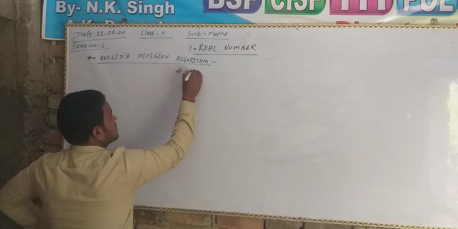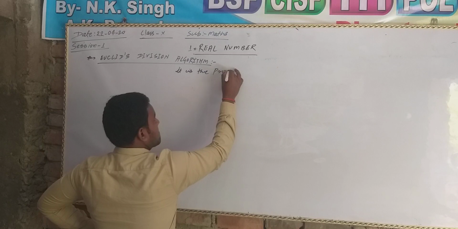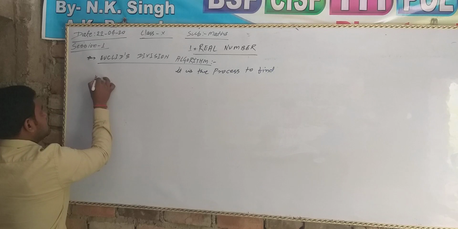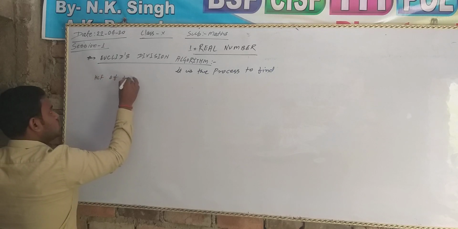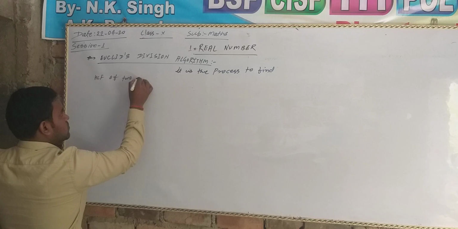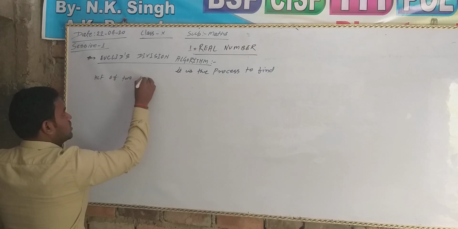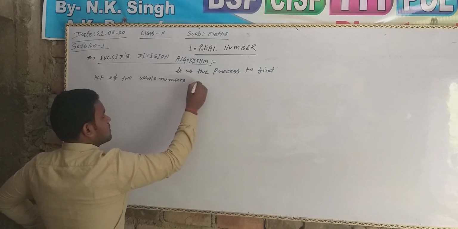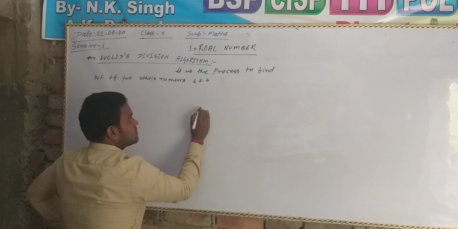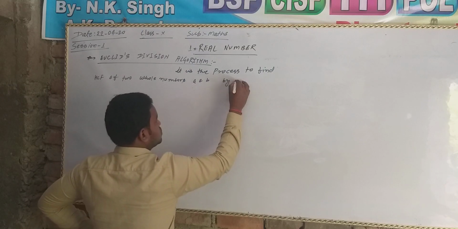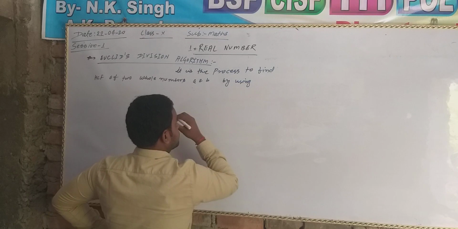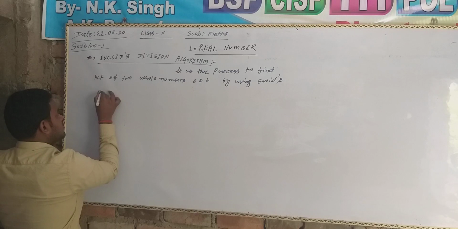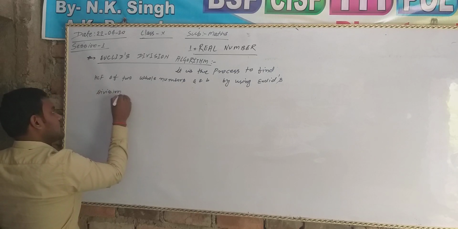It is the process to find HCF of two whole numbers a and b by using Euclid's division lemma.